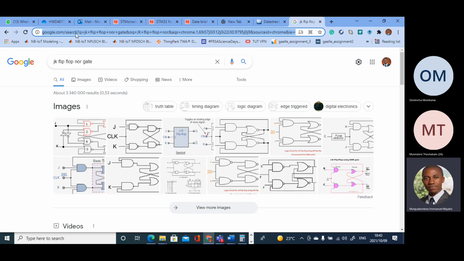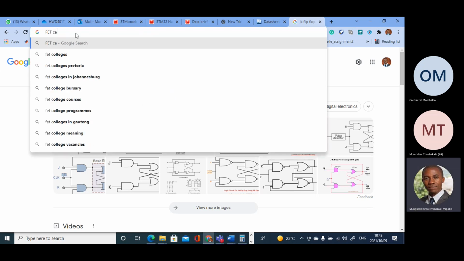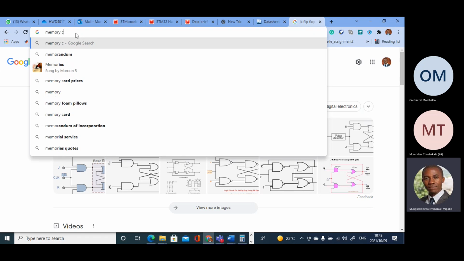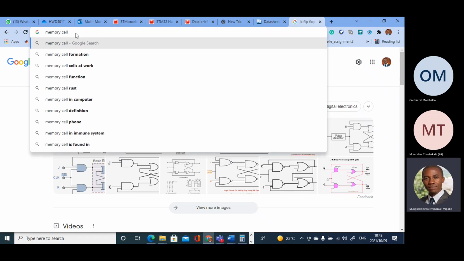And you also learned this in Digital Systems 1. The circuit of one memory cell of 1 bit of flash memory is shown in your Digital Systems 1 book. Flash memory cell circuit.